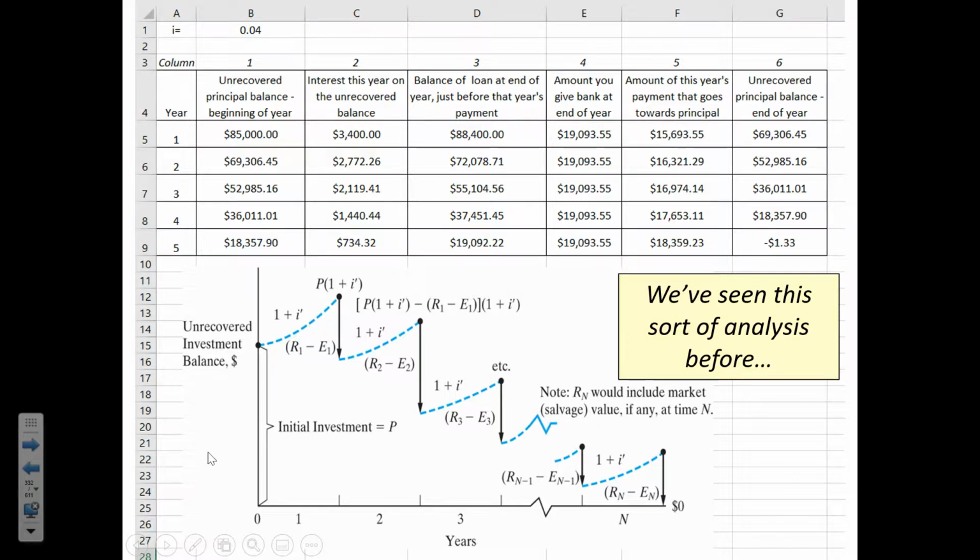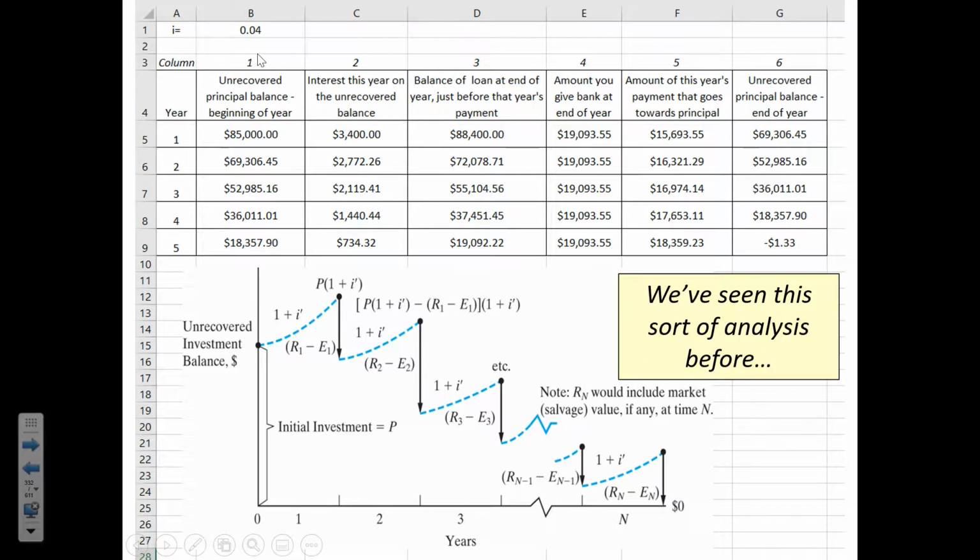At the beginning, at time 0, however much you paid to acquire the equipment is how much you haven't gotten back yet. Then during the first year of operation, that amount increases because of the effective interest. So now not only is there the initial acquisition cost, but also the interest that accumulated in the first annual period. Then the revenue minus the expenses, your net profits, bring that unrecovered investment balance down a certain amount, and this cycle continues until finally the equipment is paid off.